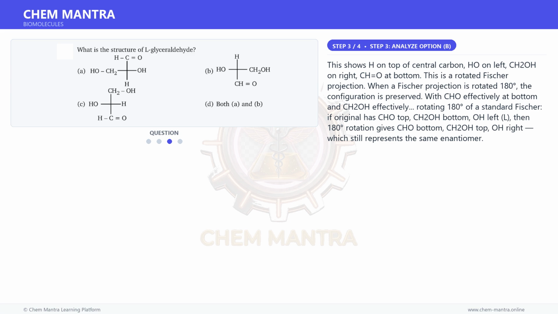Rotating 180 degrees of a standard Fischer, if original has CHO top, CH2OH bottom, OH left, L, then 180 degrees rotation gives CHO bottom, CH2OH top, OH right, which still represents the same enantiomer.